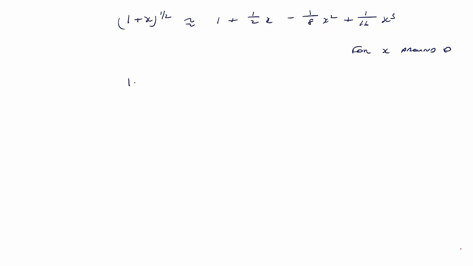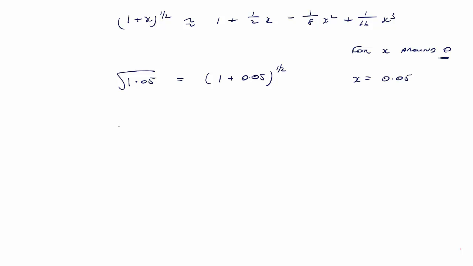The one we're going to look at is the square root of 1.05. Well, that's equal to (1 + 0.05)^(1/2). So we have x equals 0.05, which is pretty close to 0, so our approximation should work.